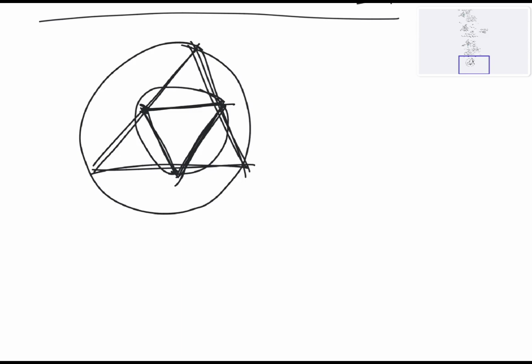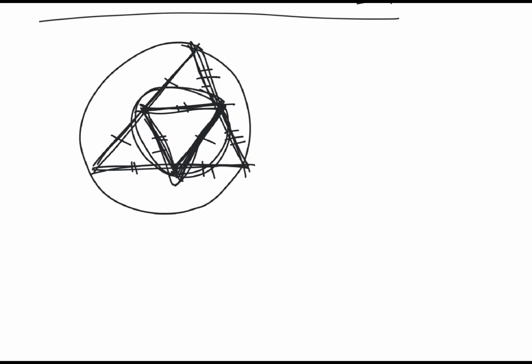It's similar and twice smaller because the segment connecting the two midpoints is twice smaller than the opposite side. So this is equal to this, and this is equal to this. So this triangle is twice smaller than the original triangle, and because of that, its circumcircle must be twice smaller than the circumcircle of the original triangle.